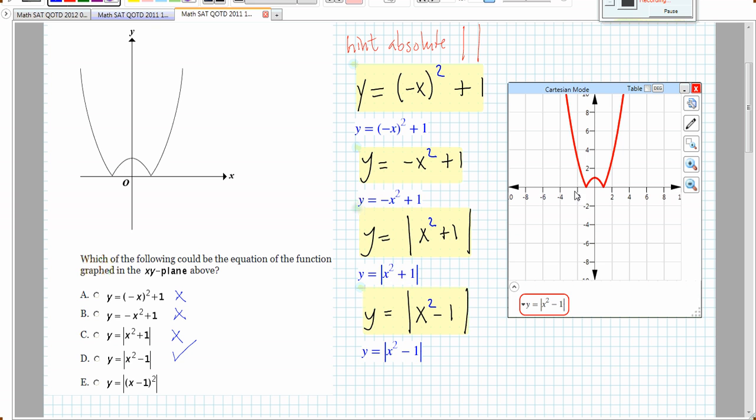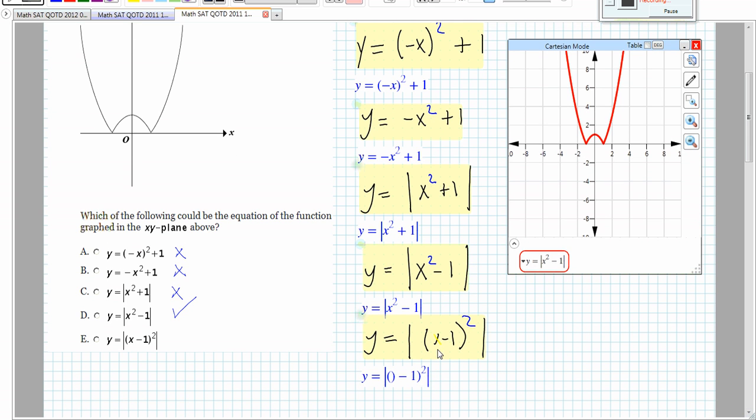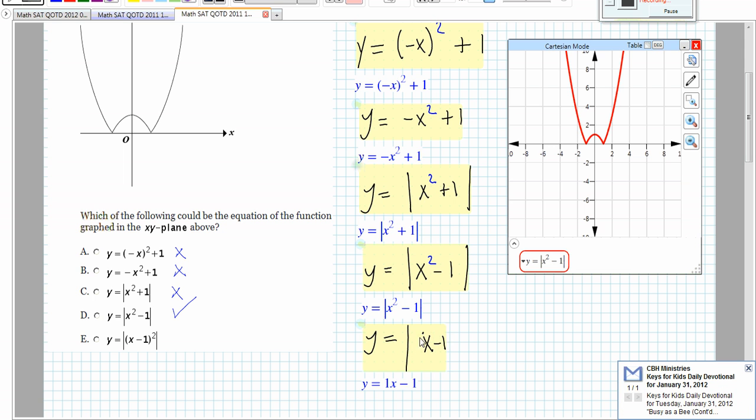Just to check our answer though, let's plot the last one. And let's talk about why it doesn't work. y equals the absolute value of x minus 1 squared. Can't quite see that. Let me see if I got that right. Didn't quite get that right. Alright, let's keep trying here.